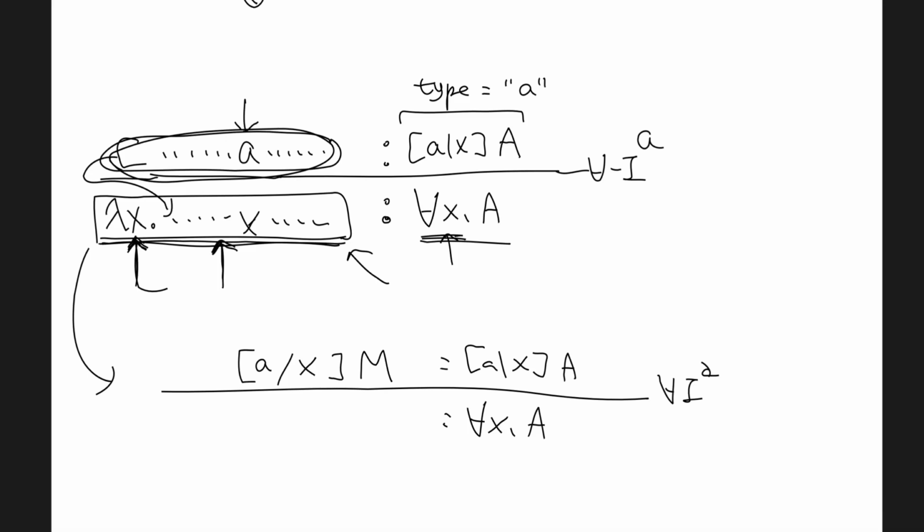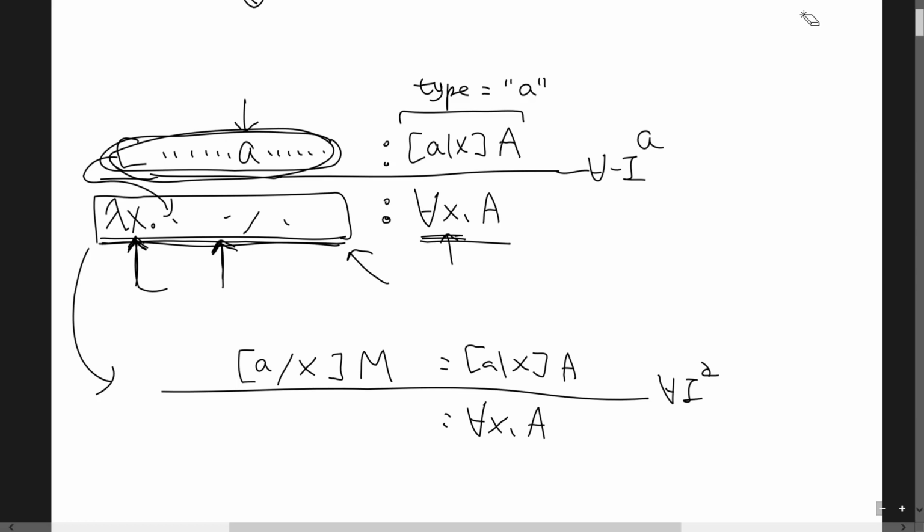So in other words, we'd like to write M here. Then the lambda abstraction can be written in this form.